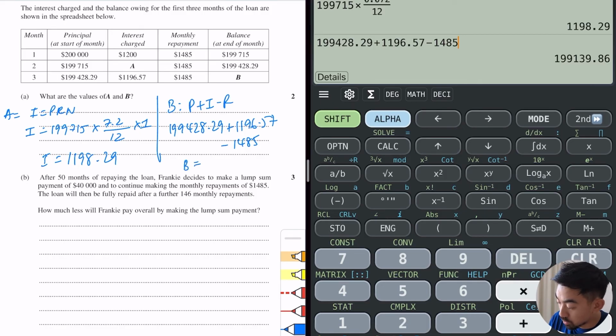So B is equal to 199,139.86. Almost missed that. Okay.